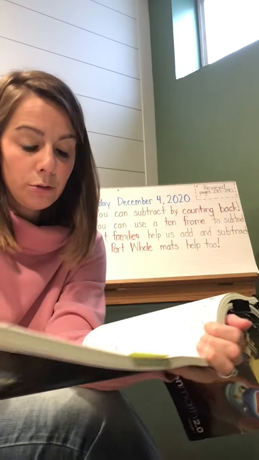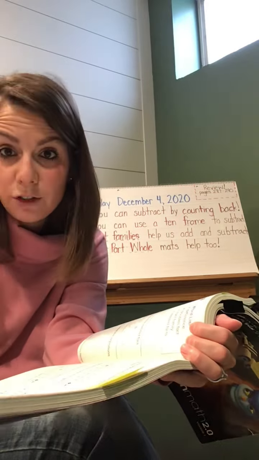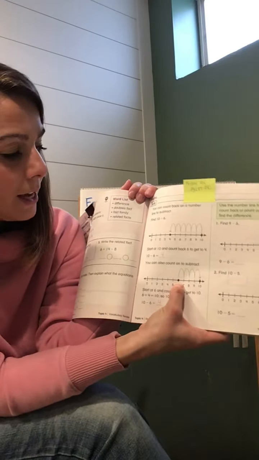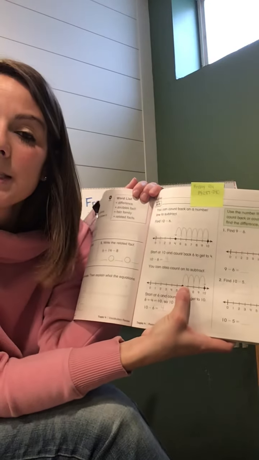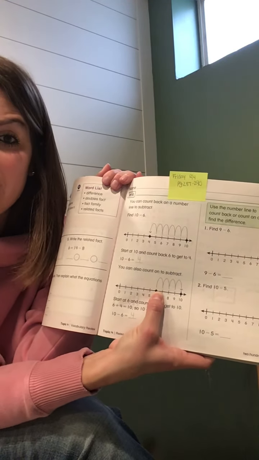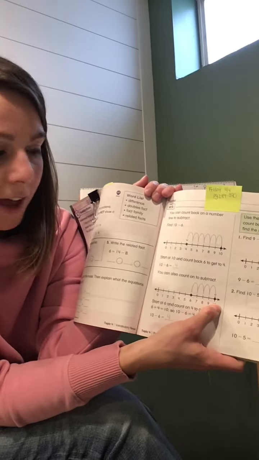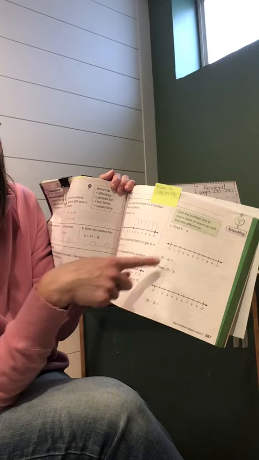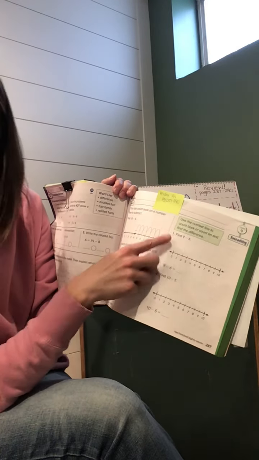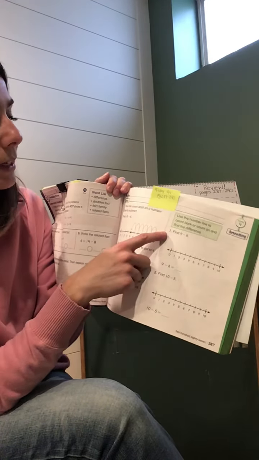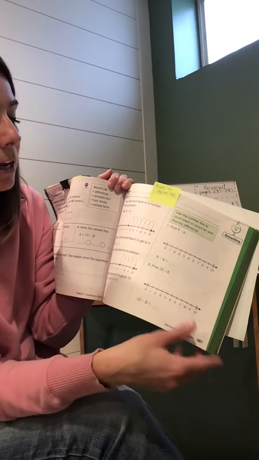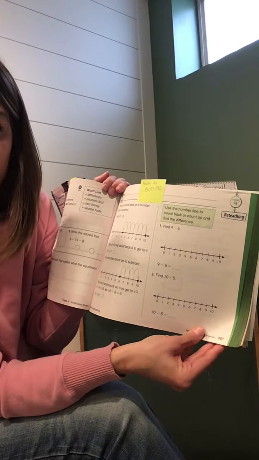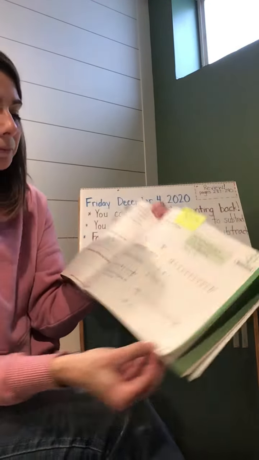Now, they also show you that you can count on to subtract if your brain works better that way. So they started at the 6, and they thought, let's see how many hops it takes to get to 10. So they counted forward, and they found that it takes 4 hops. So go ahead and try to find the answers to these 2 over here. The first one is 9 minus 6 and 10 minus 5. If you want to pause the video and go ahead and try to find those, go ahead.